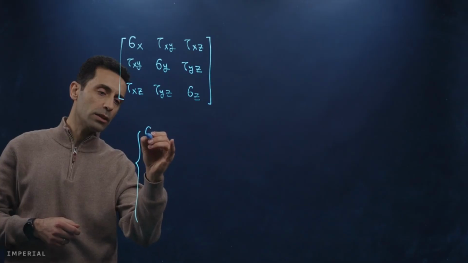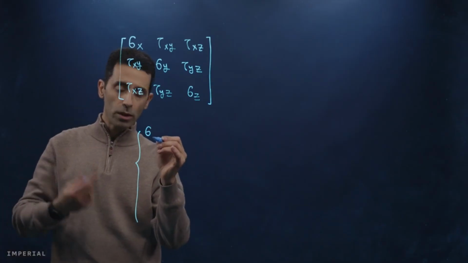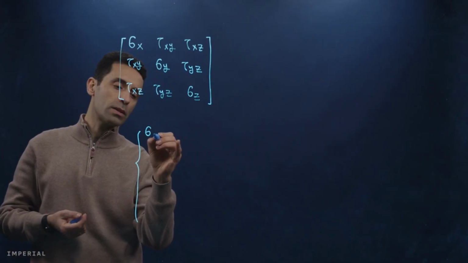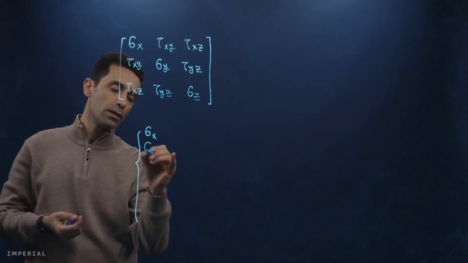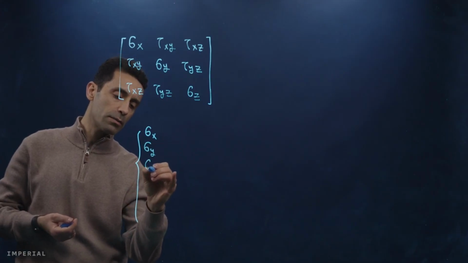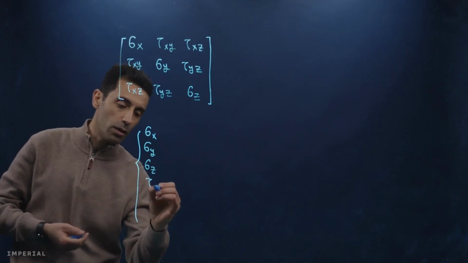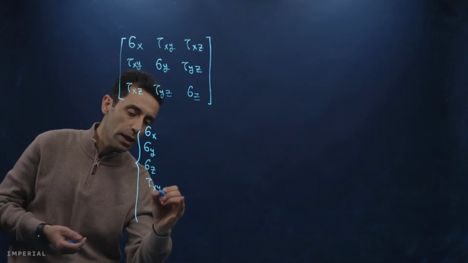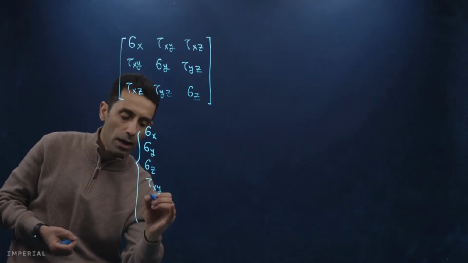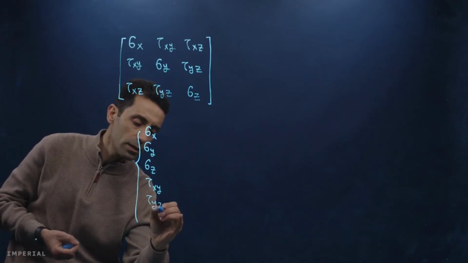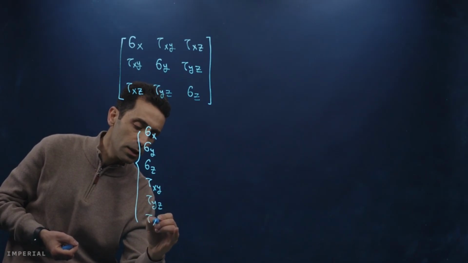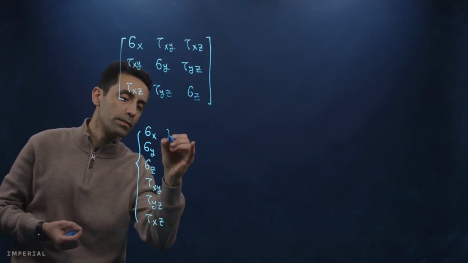So you can imagine here, we will have all the normal components, so sigma x, sigma y, and sigma z, and then we will have the shear components, so tau xy, tau yz, and finally tau xz.